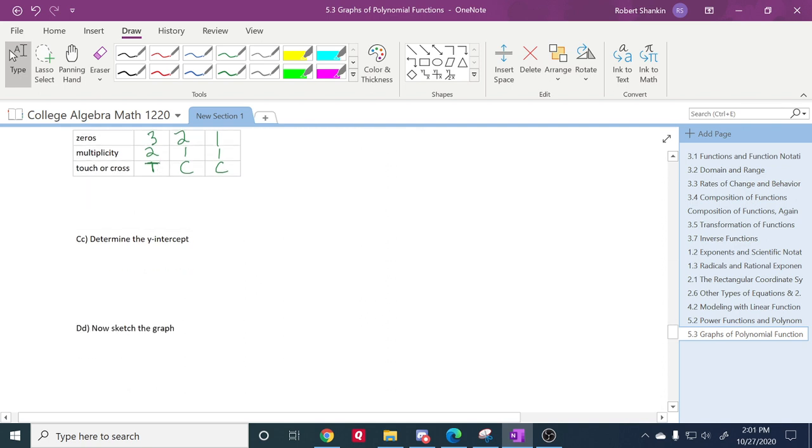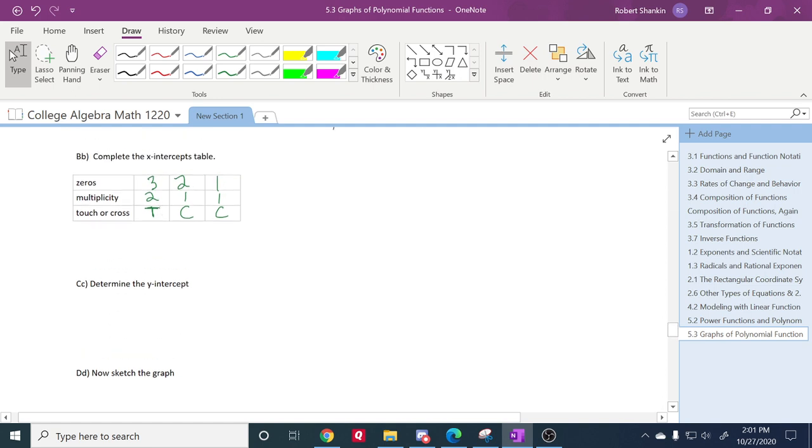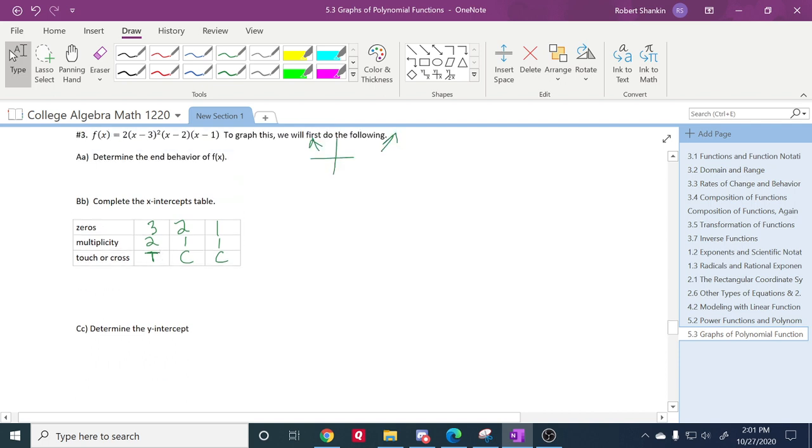Then let's go to part C. Determine the y-intercept. So I'm going to just leave you with part C now. Well, actually, we're kind of running late on time. So let me do this part. Determine the y-intercept.